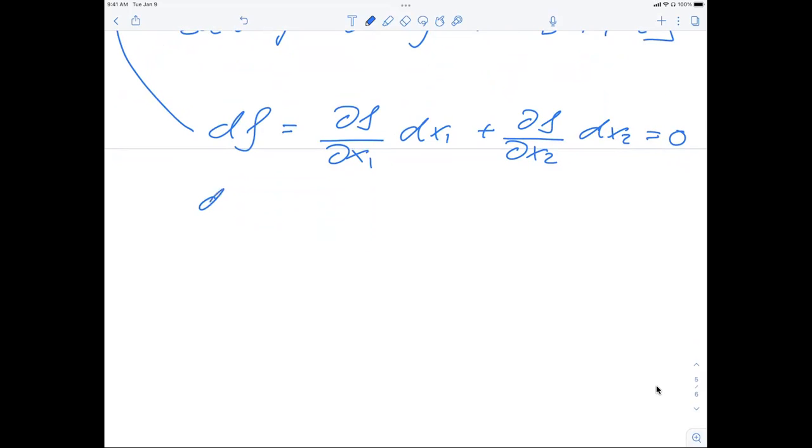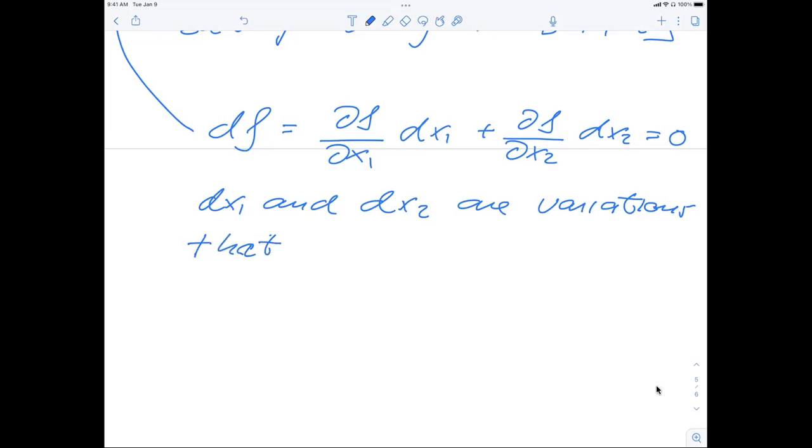So dx1 and dx2 are variations. Actually, in our case, they represent points that are on the constraint.